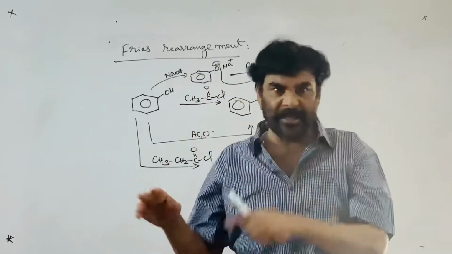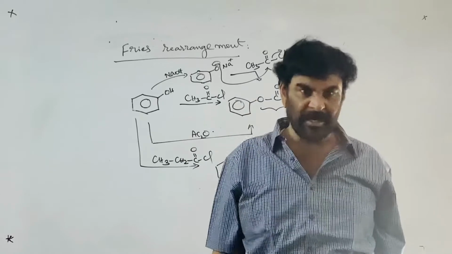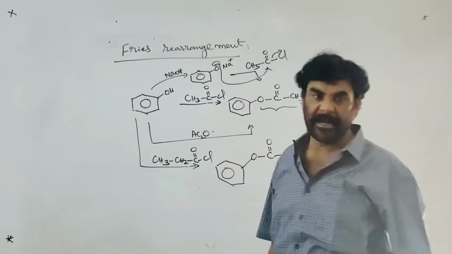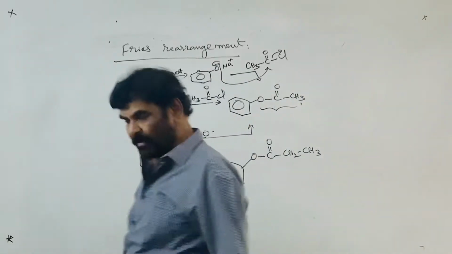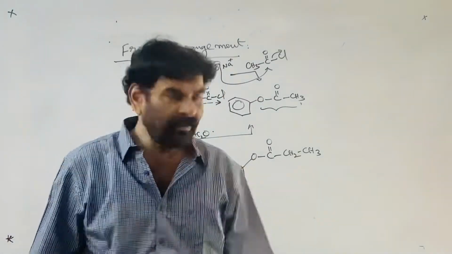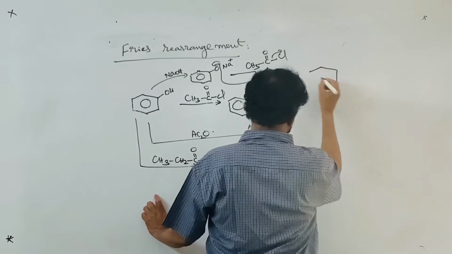On the side chain, the aromaticity of the ring is not endangered, so the activation energy needed for the reaction to take place is less. Therefore it takes place there.